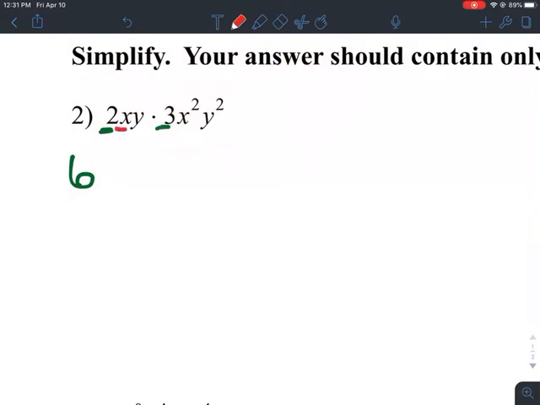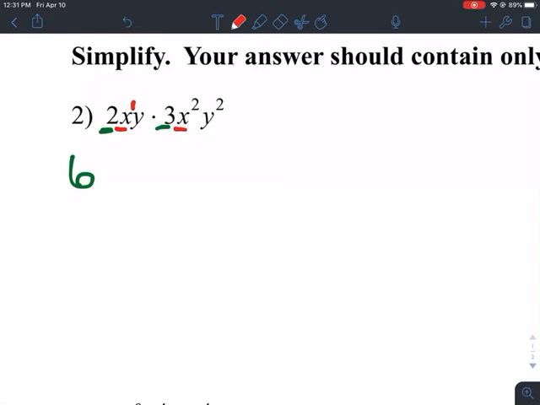The other thing to keep in mind is that I have an x here and x here, but that first one does not have an exponent. So if that's the case, it means that there's a 1 there. So I recommend that if you ever see a base without an exponent, go ahead and put a 1 there, just so that you remember that it's there.